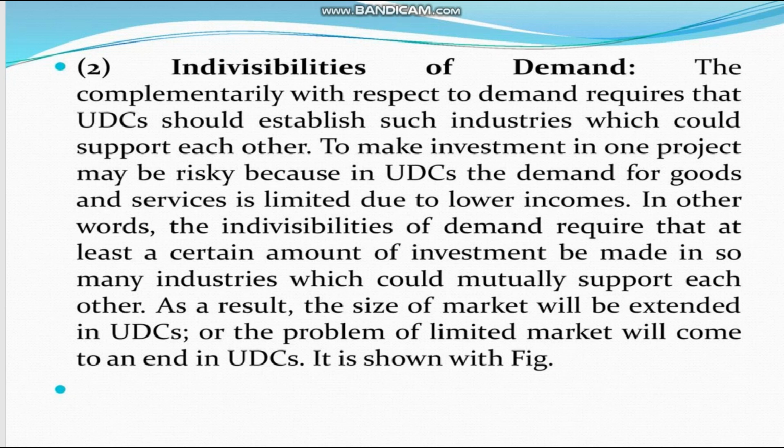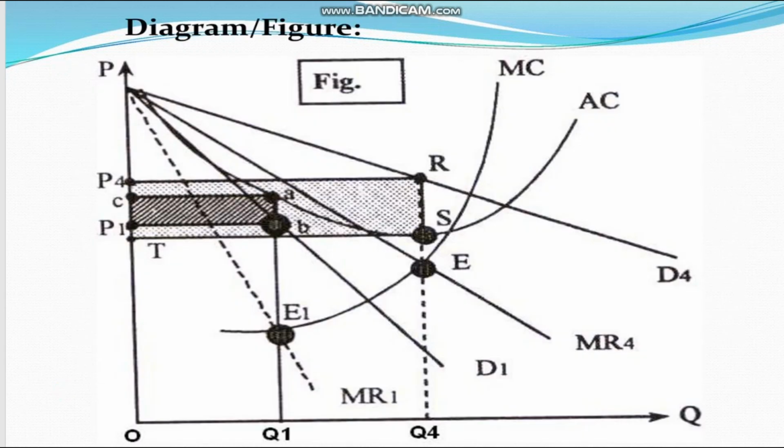So, now it is explained through a figure. Let's see the figure. Now, as we see in the figure, MR1 and D1 and the marginal cost MC. So MR1 and D1 is the average revenue curve.